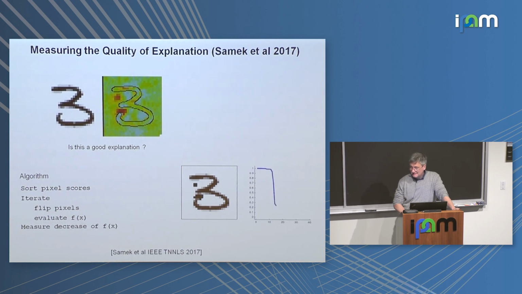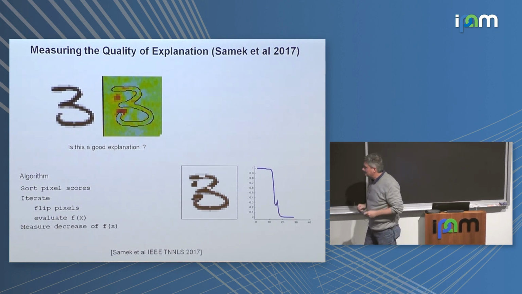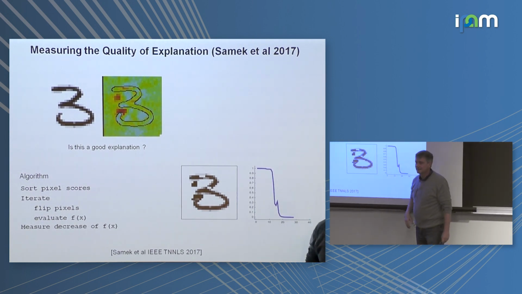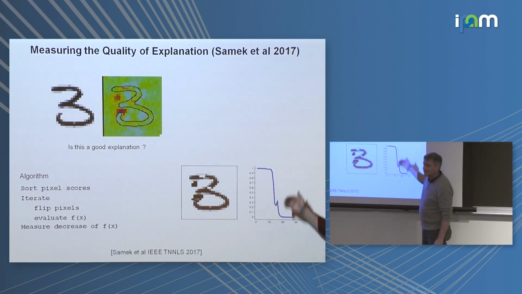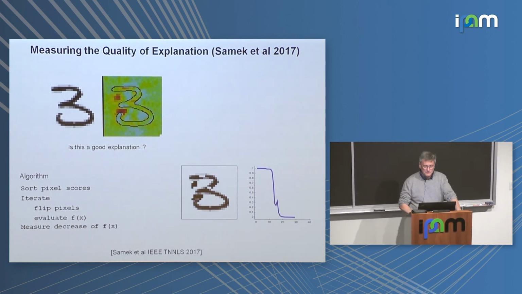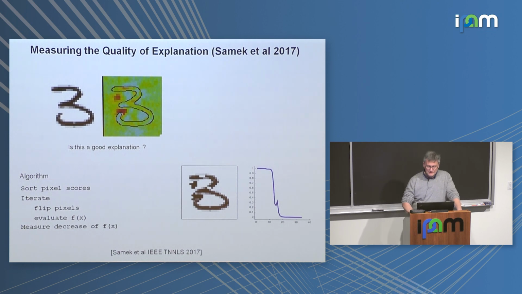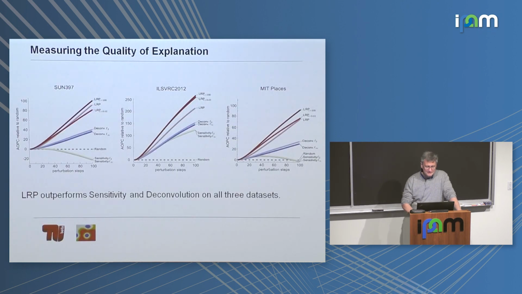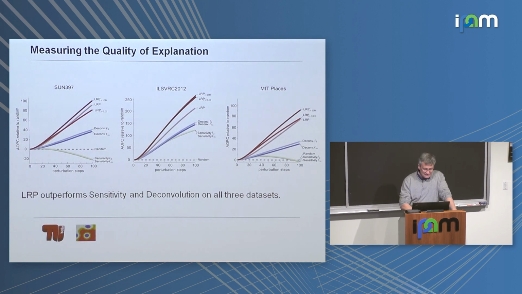And bang, the classification drops, okay? So we can take this curve and draw another curve where we do a random pixel flipping. And then we take the area between these curves, and that's a good measure of how good an explanation is. Then we can apply this to all sorts of data sets and happily see that the LRP is not so bad.